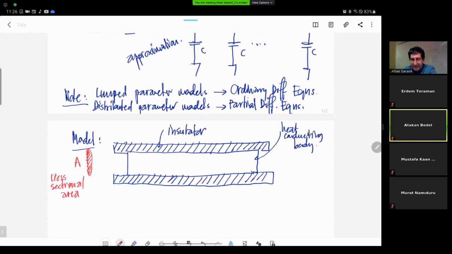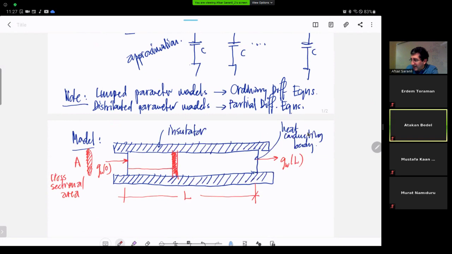And then heat will be coming in from one end. We will call this Qω(0). And heat will be coming out from the end. This is going to be Qω(L). The length of this will be L. And we will consider essentially an element somewhere along this length.